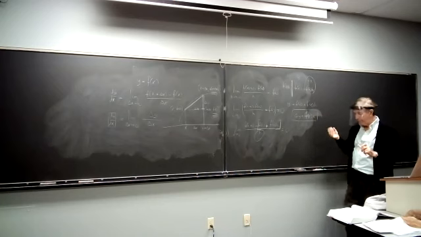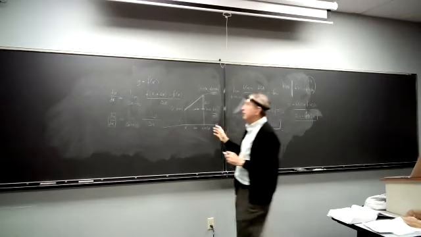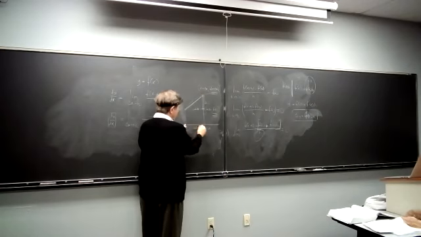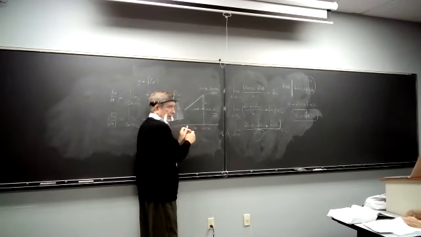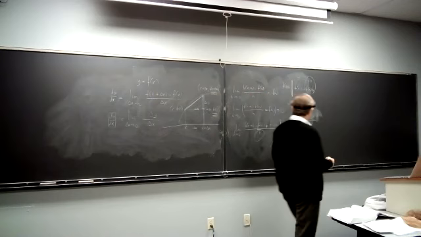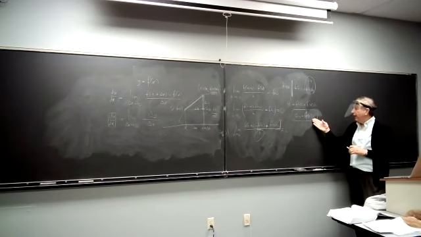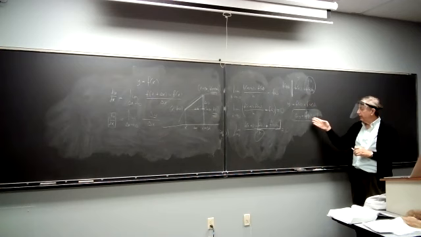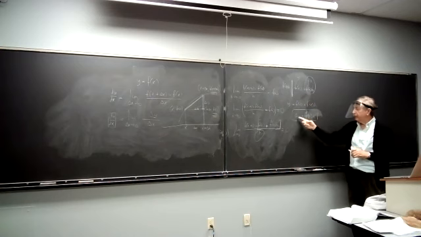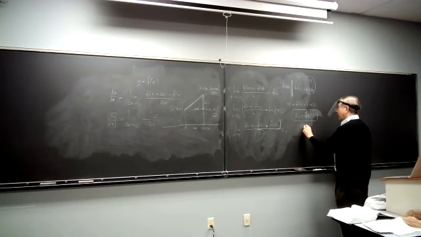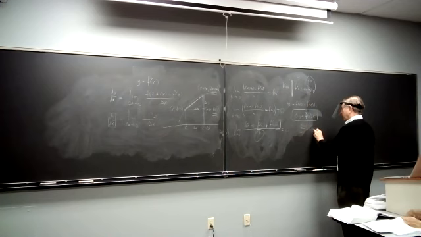And people thought of the delta x, because it's a limit, as being very small, and so it was called an increment. It's just a very small positive number. And so since this is a number and this is a number, if I divide one by the other, I get this.